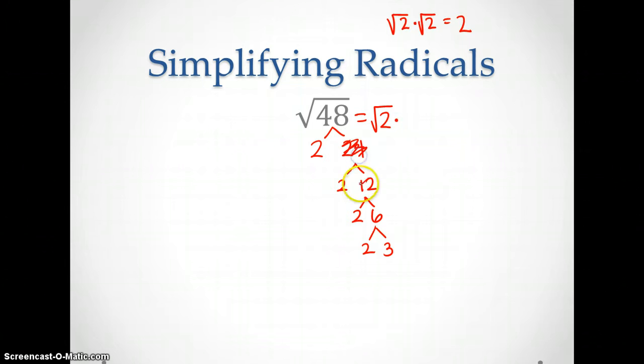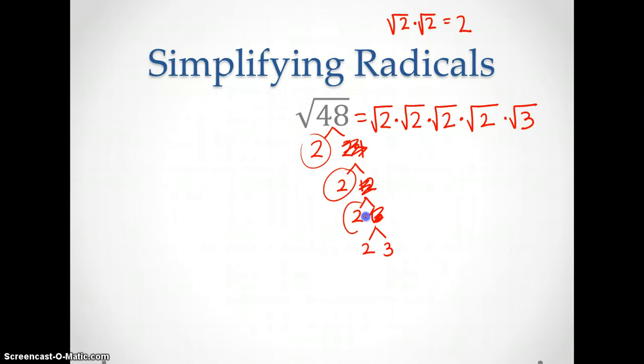And remember, when we do our factor trees, we only use the ends of our branches. Square root of 2 times square root of 2 times square root of 2 times square root of 2 times the square root of 3. So there were my factors. 4 2's and a 3 multiplied would give you 48.